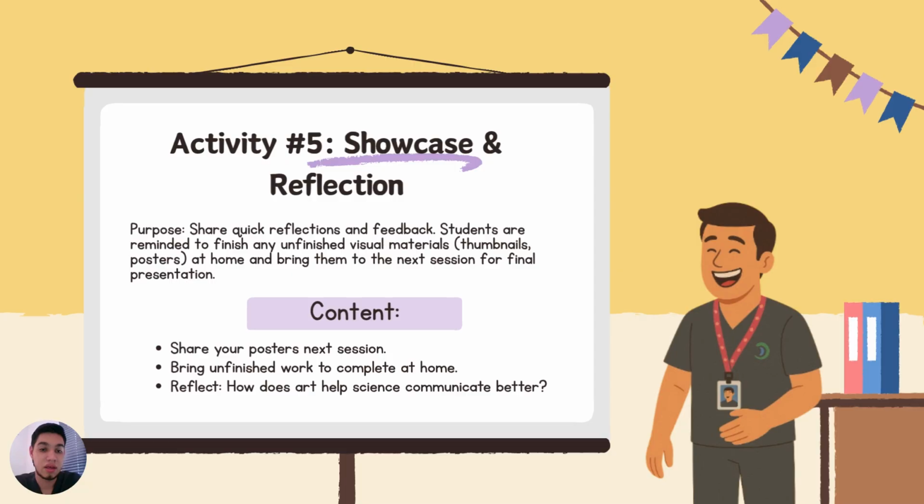Students are reminded to finish any unfinished visual materials, for example thumbnails and posters, at home and bring them to the next session for the final presentation. They're going to share their poster in the next session, bring their unfinished work to complete at home, and reflect on how art helps science communicate better.